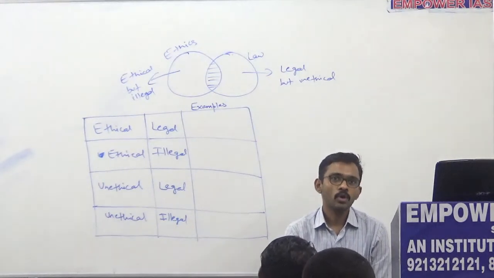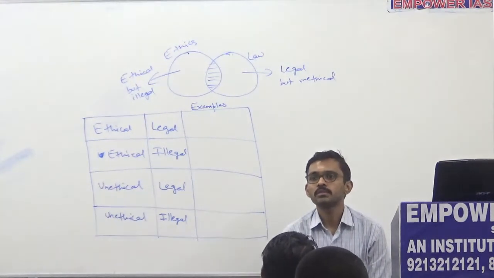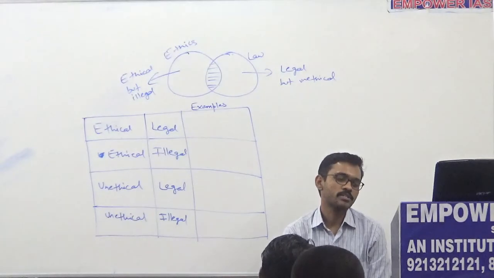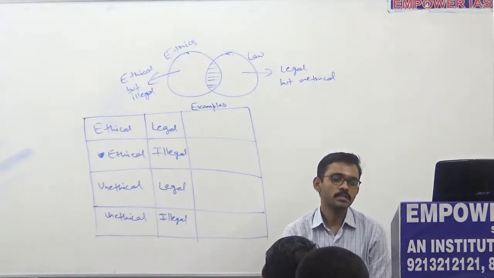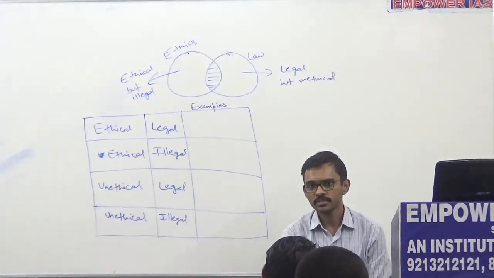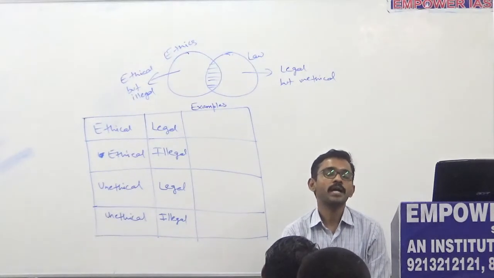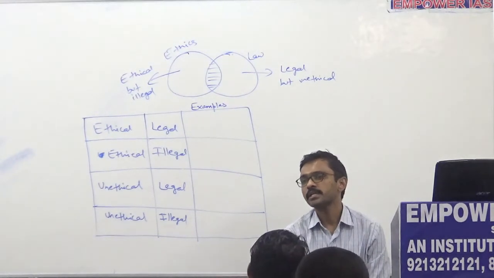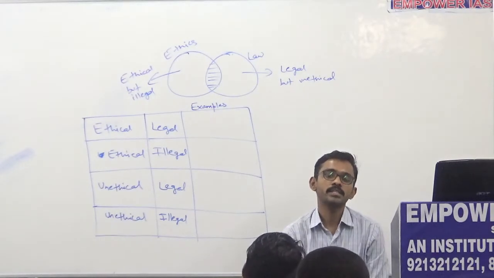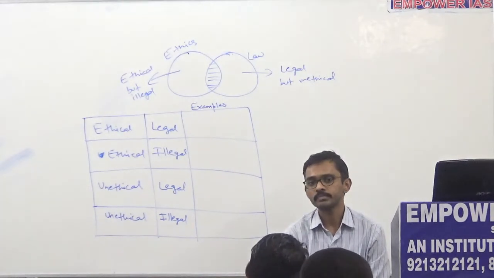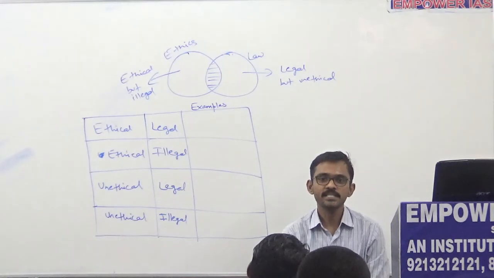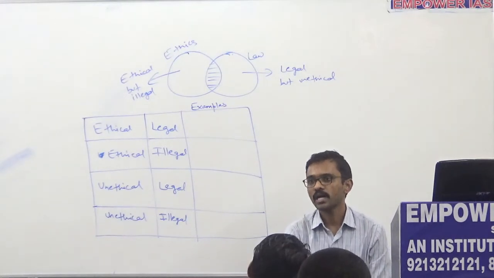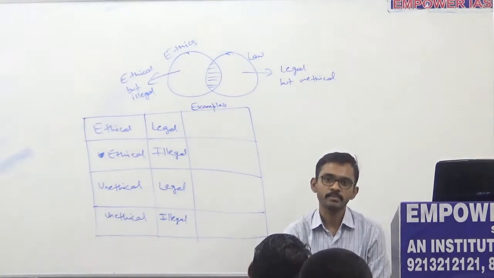Now the problem is not with religion or with religious literature or religious values. The problem is misinterpretation of religion. Essentially, if you analyze religious texts, none of the religions teach us things which are unethical. It is the misinterpretation of the religious text that gives rise to unethical activities.